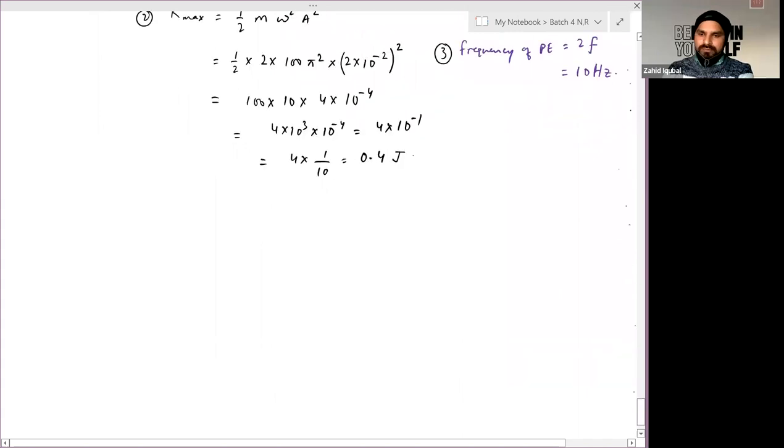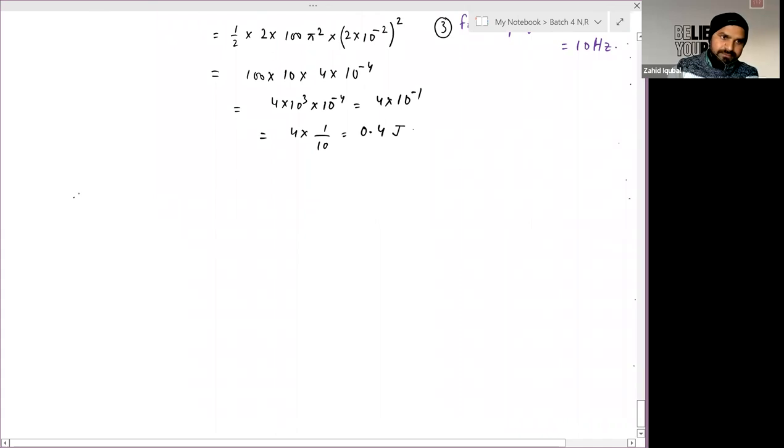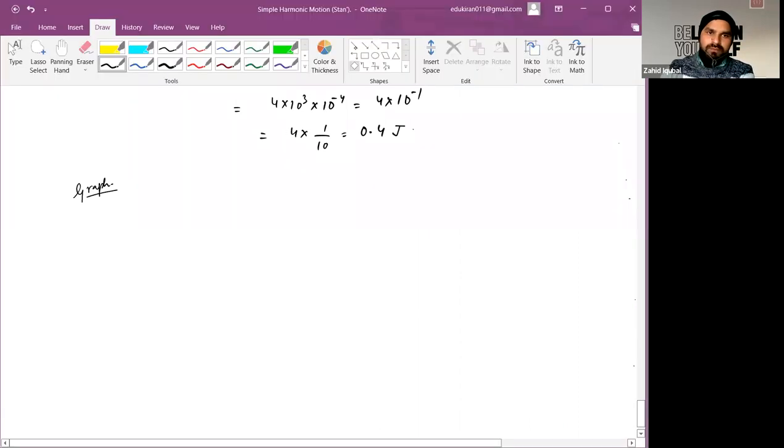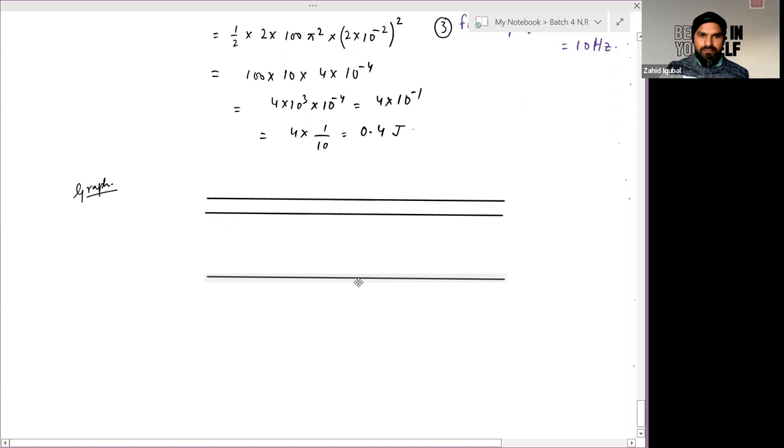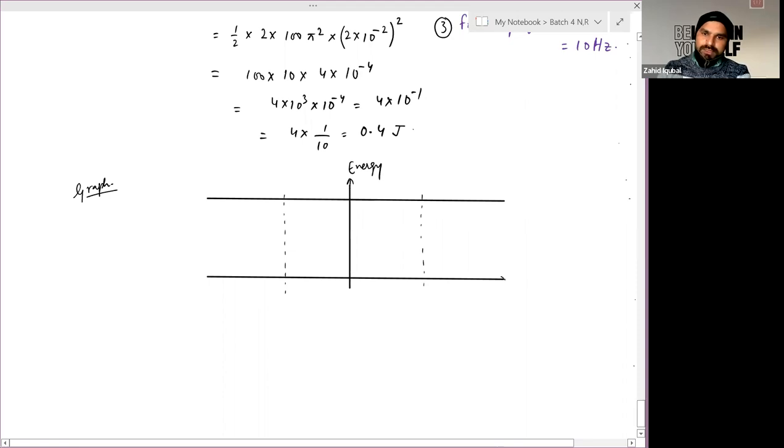Next, you will be asked to plot graph related to these 3 different variations. So next is this is energy versus displacement.